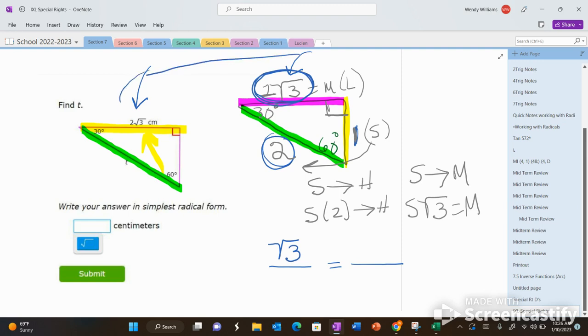The new medium is 2 square roots of 3. We have to have something to compare it to, and we want the hypotenuse, so we're going to compare it to the hypotenuse. The original hypotenuse is 2. The new hypotenuse, I don't know, so we're going to call it T.